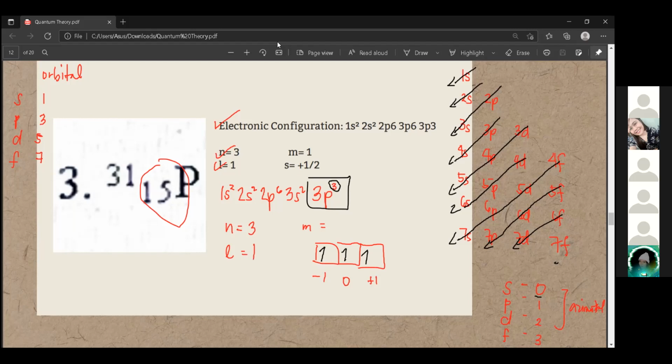Saan tayo nag-end? Nag-end tayo here. This one. This is our ending here. So which means the magnetic quantum number is positive 1. That's the number for this orbital. And for the spin, it's going up. So this is positive 1/2. So these are all correct.